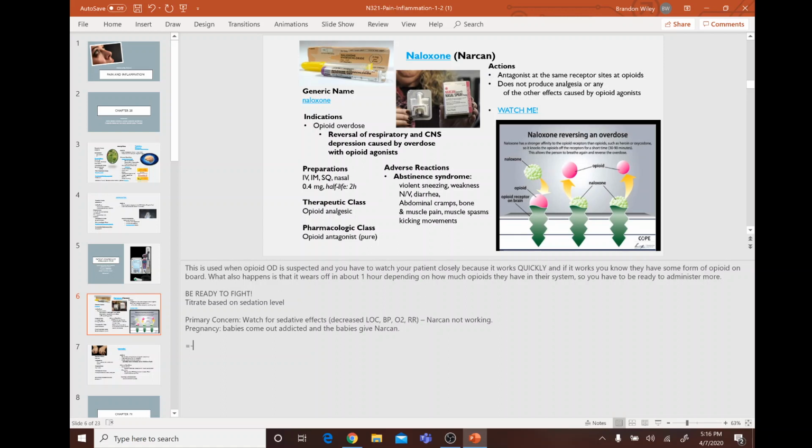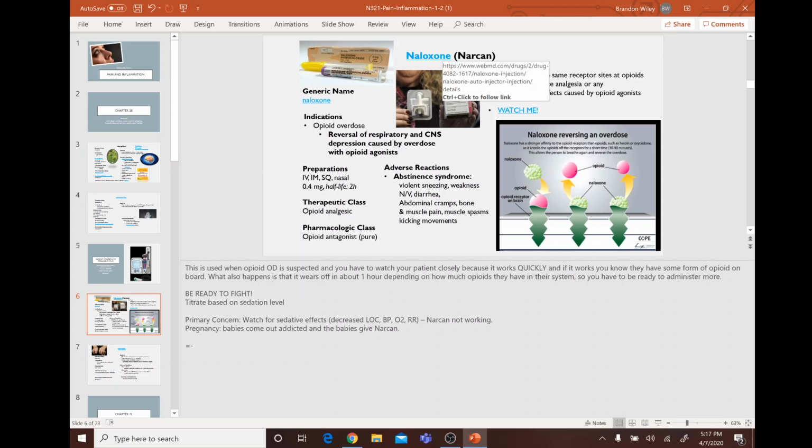So violent sneezing, weakness, nausea, vomiting, diarrhea, abdominal cramps, bone and muscle pain, muscle spasms, kicking movements. So why do we have to be ready to fight when using naloxone? Naloxone wears off in about an hour, and the opioids last longer than that, so you're going to have to get ready. So it's titrate based on sedation level.